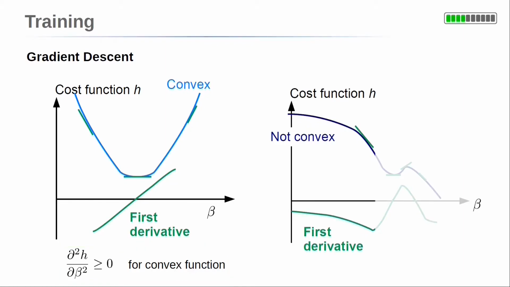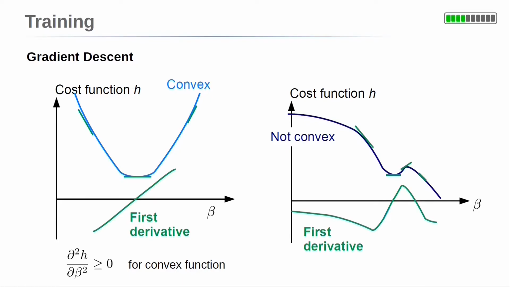On the right side is a function which is not convex. Its first-order derivative starts with negative values and decreases. When the function reaches a local minimum, the first-order derivative vanishes. Then the function increases. This gives a positive first-order derivative.